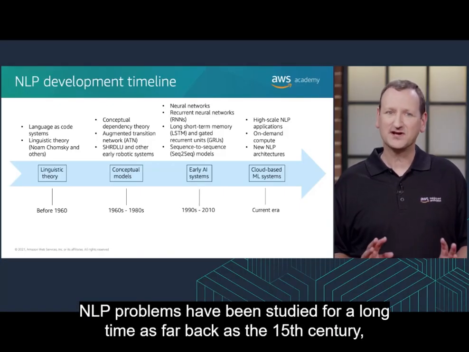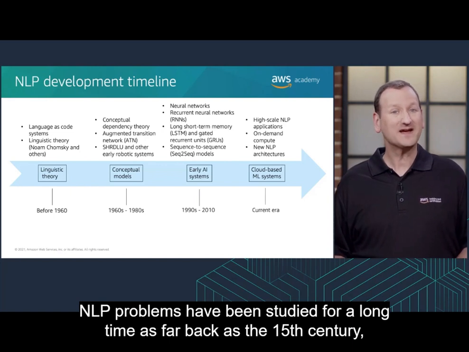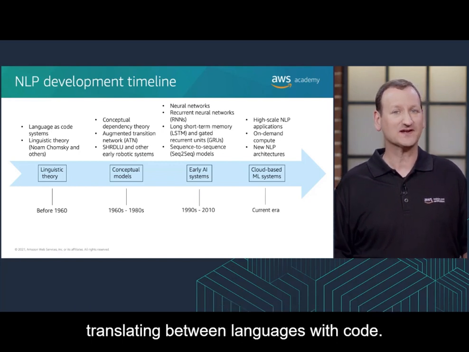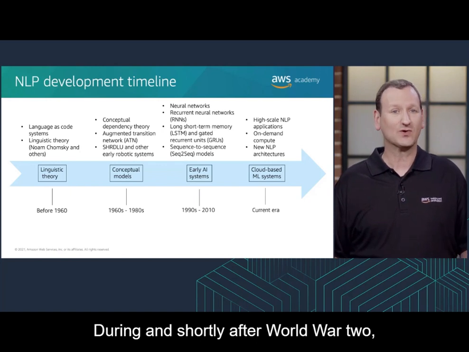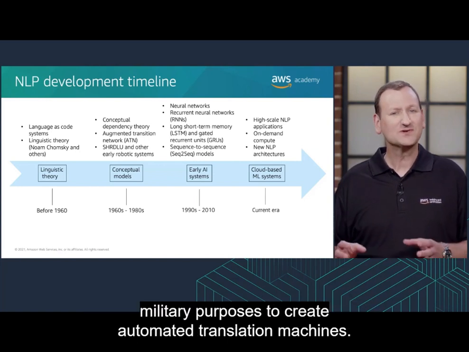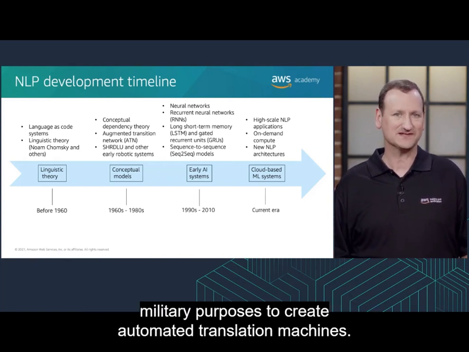NLP problems have been studied for a long time. As far back as the 15th century, there were philosophers and mathematicians who proposed the creation of a system for translating between languages with code. During and shortly after World War II, mathematicians proposed using some of the encoding techniques developed for military purposes to create automated translation machines.